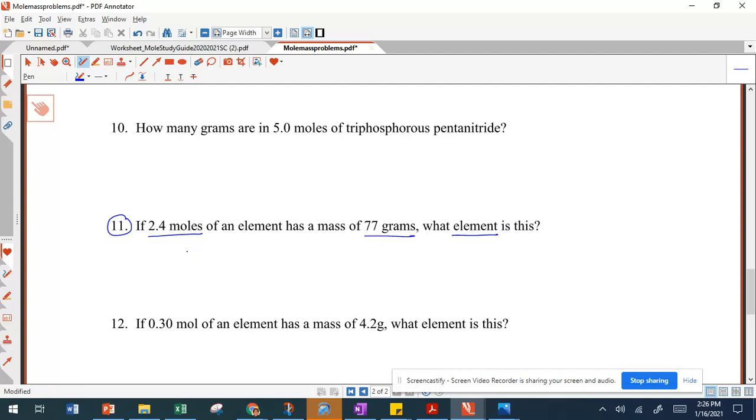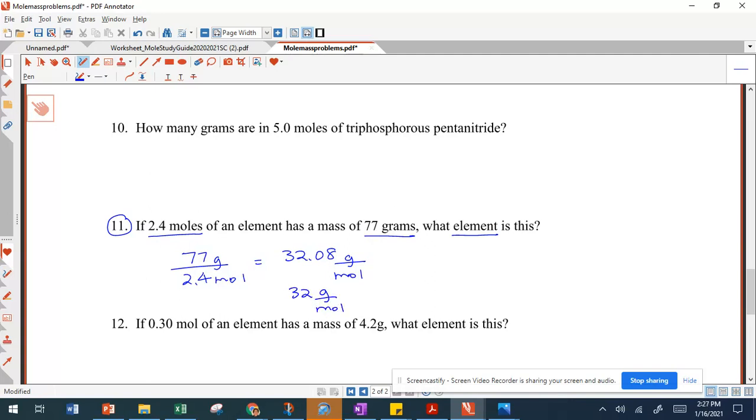So we could take 77 grams, divide that by 2.4 moles, which gives us 32.08 grams per mole. I just rounded it to 2 places past the decimal because that's what our molar masses are usually rounded as. But in this case, we only have 2 significant figures, so it technically should be 32 grams per mole.